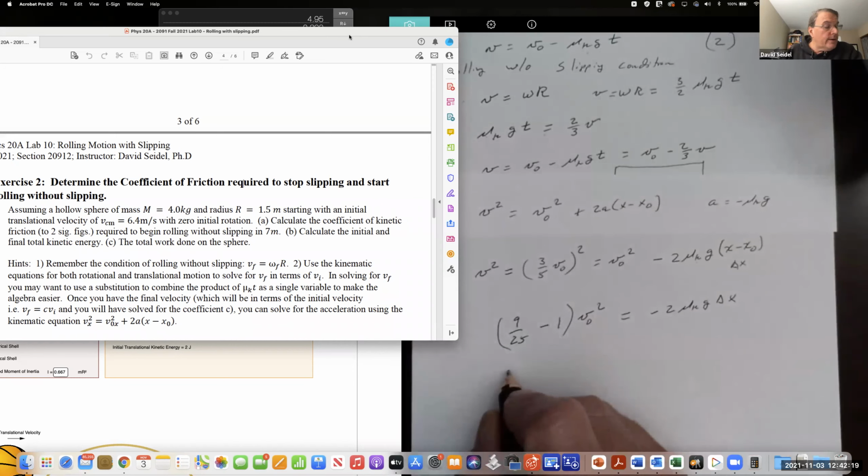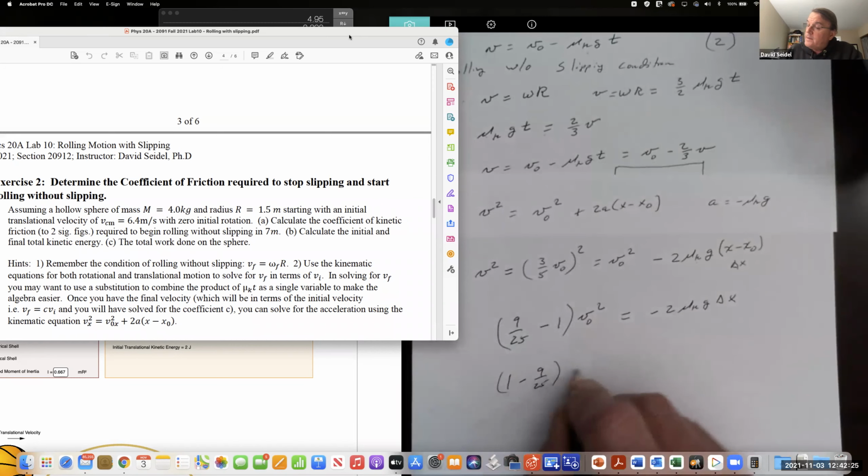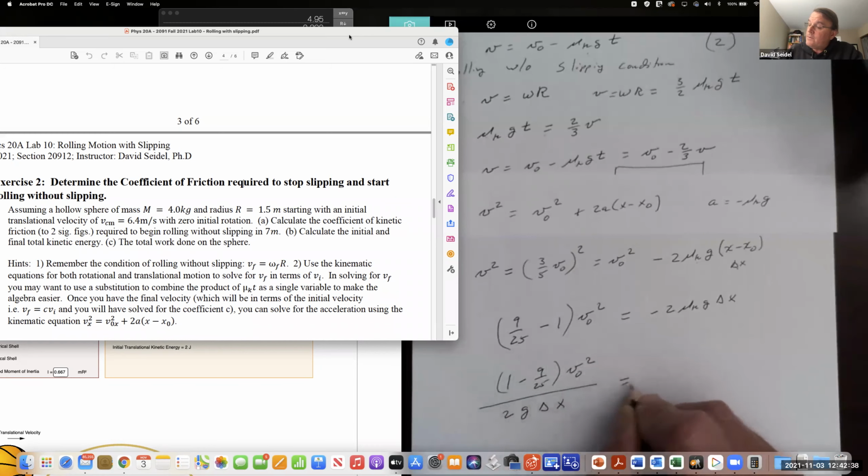Or we can do 1 minus 9/25 times V0 squared, all of that divided by 2 g delta x equals mu k.